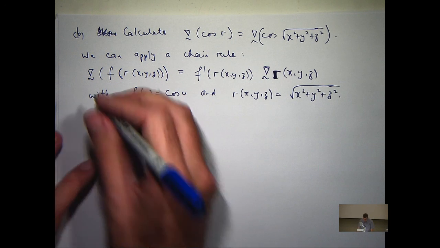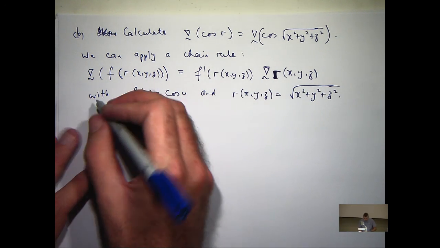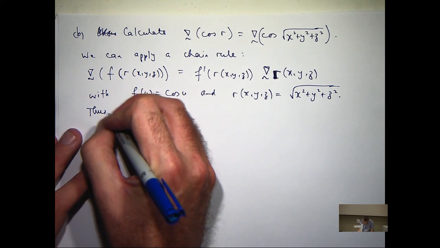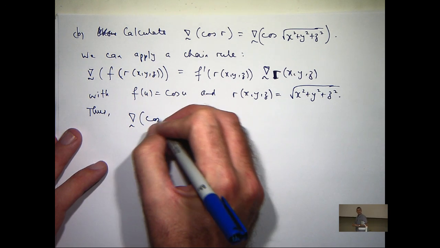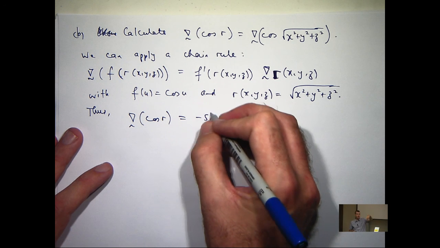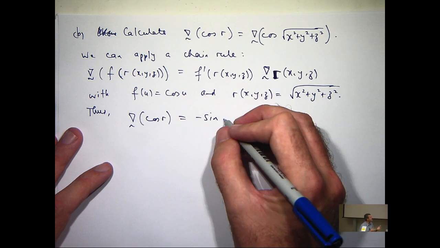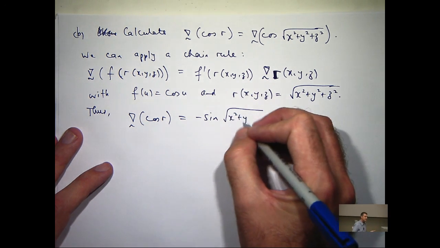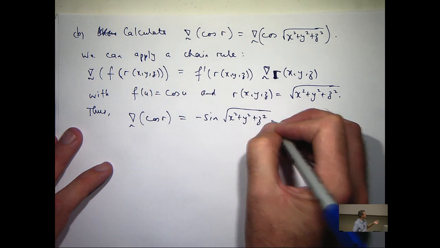Working out this, it's the derivative of this, so negative sine along this, times the gradient of r.